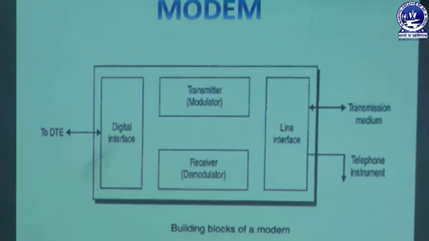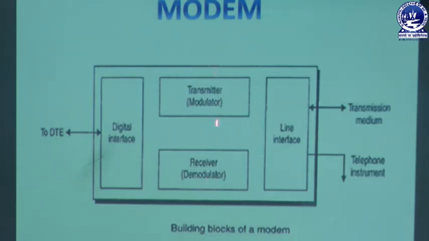So this is the building block of a modem, where this is the user side, where the user connects directly with the digital interface and the data are transmitted. When the data is transmitted, the modulator gets activated, and when the data is received, the demodulator gets activated.